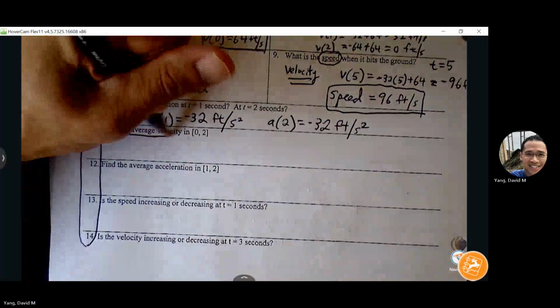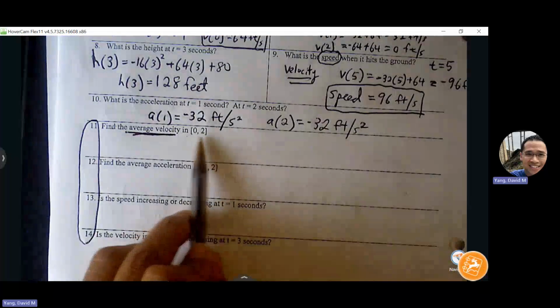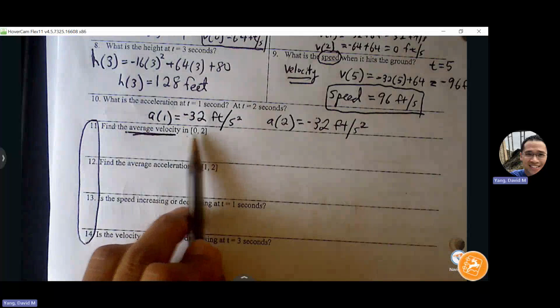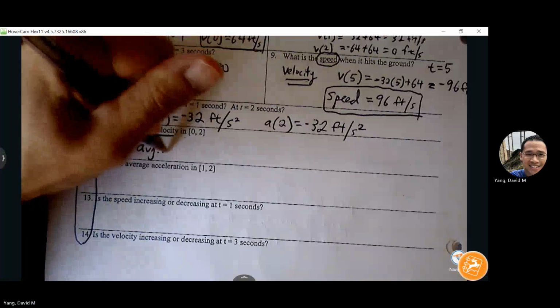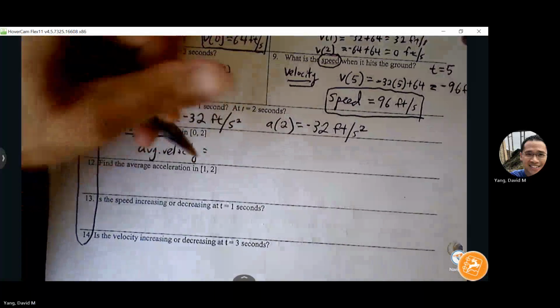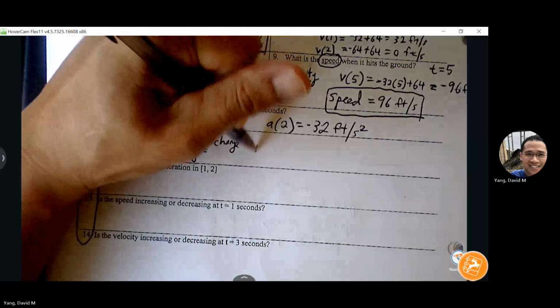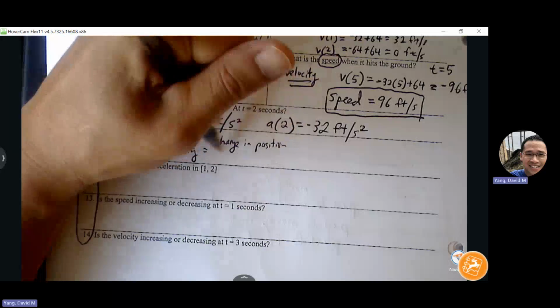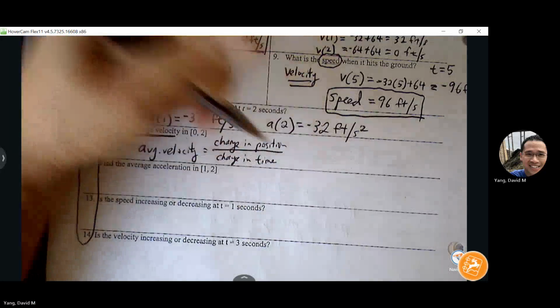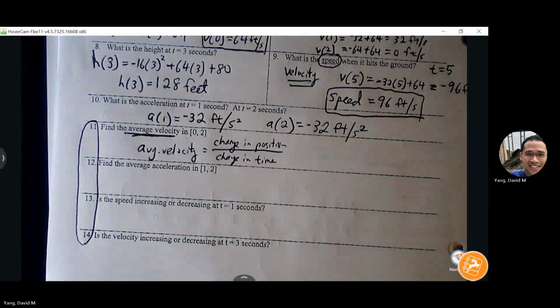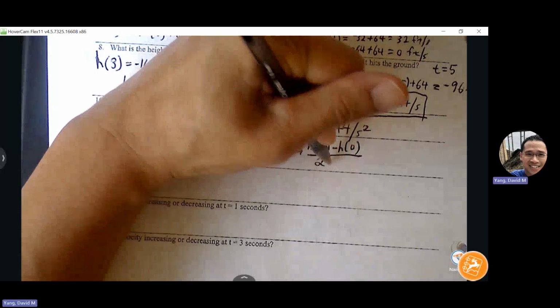Average velocity is not taking the two velocities and averaging them out. We define average velocity as the change in position divided by the change in time. So basically h of 2 minus h of 0 divided by 2 minus 0.